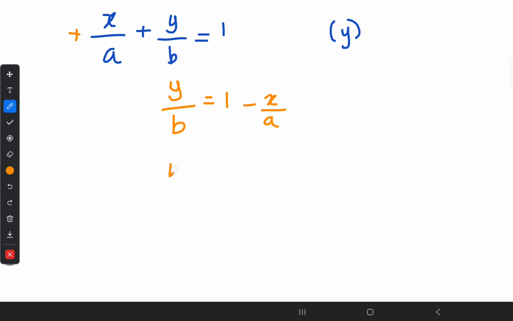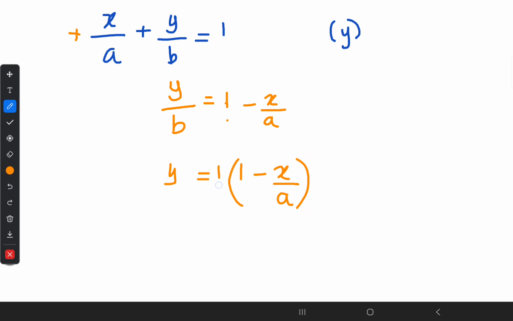Thereafter, y is divided by b. So the divided b should be multiplied with both 1 and x upon a, so you have to keep it inside the bracket. Definitely you need to keep it inside a bracket. This whole value, y upon b, equals the whole value. So when you bring a dividend as a multiplicand, this whole value should be multiplied with b.